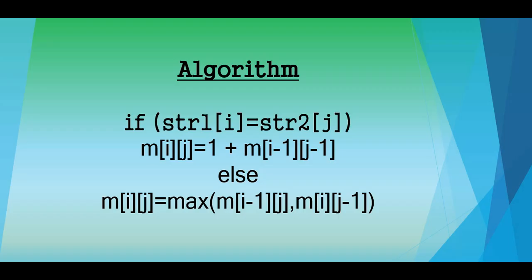What is happening here is that the value of Mij is getting calculated, which is going to be 1 added to the value of the cell which is diagonally backward if the string 1 index matches with the string 2 index, and if they don't match, then the value of Mij, that means the cell value, is going to be the maximum of the cell at the top and the cell at the left.